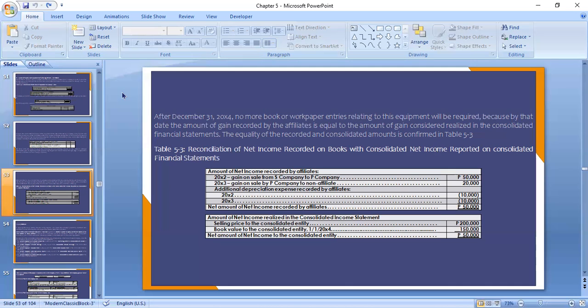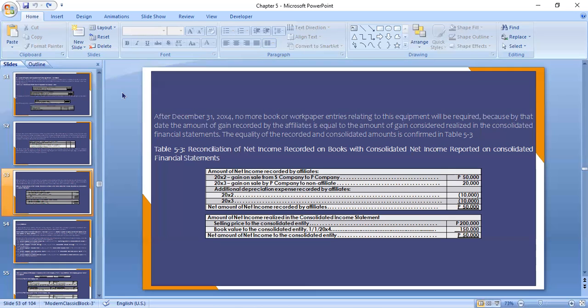Additional depreciation expense recorded by affiliates in 20x2 and 20x3. Net amount of net income recorded by affiliates, and we have the amount of net income realized in the consolidated income statement, the selling price to the consolidated entity and the book value of the consolidated entity on January 1, 2024.